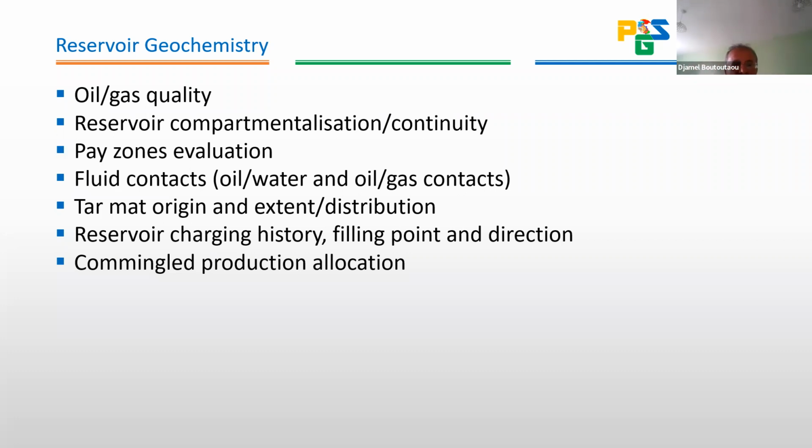Reservoir compartmentalization can also guide because it gives us information on how the reservoir was charged. Looking at the quality of the oil, we can also guide the explorationists on what type of fluids to expect, which is all important information in the oil and gas industry.